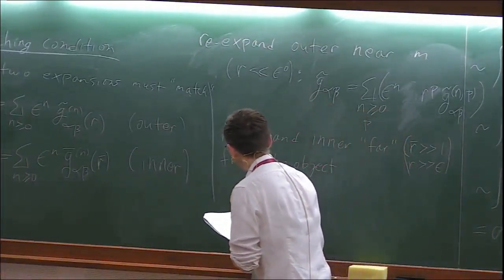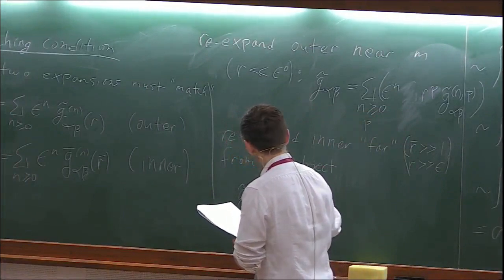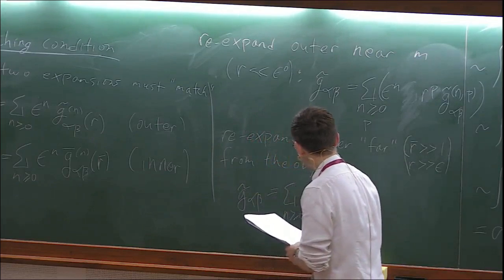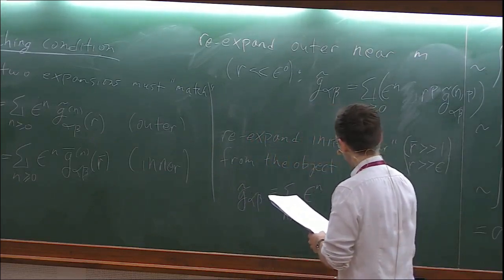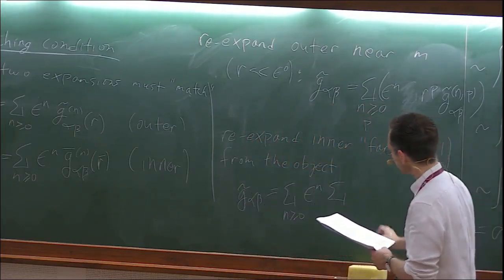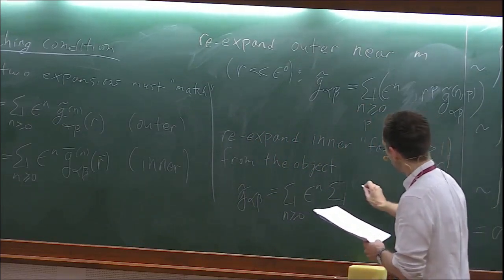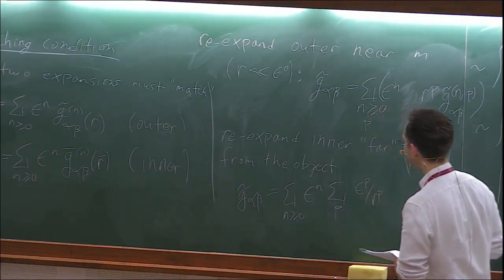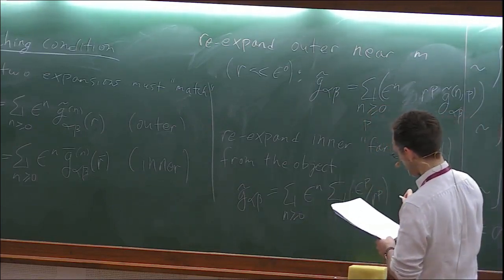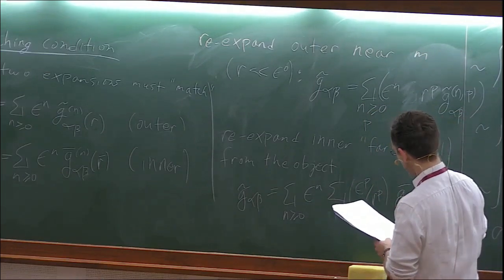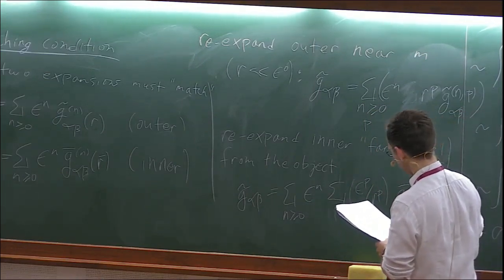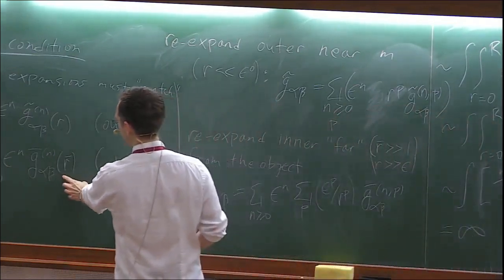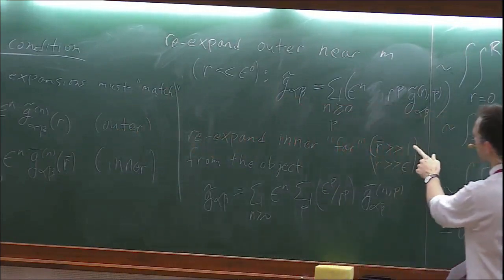So then we've got g tilde alpha beta is a sum over powers of epsilon to the n, and now we've got epsilon to the p over r to the p times these coefficients, g bar n p alpha beta. So here I've got functions of r bar, and I'm taking r bar to be large.